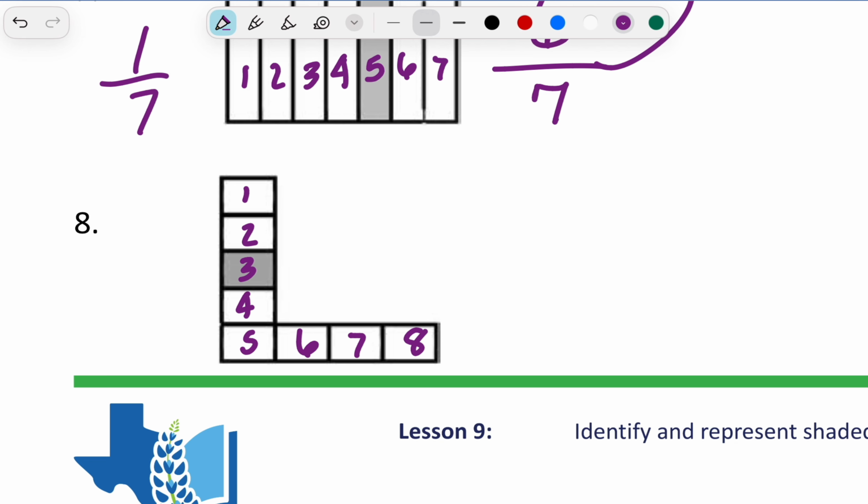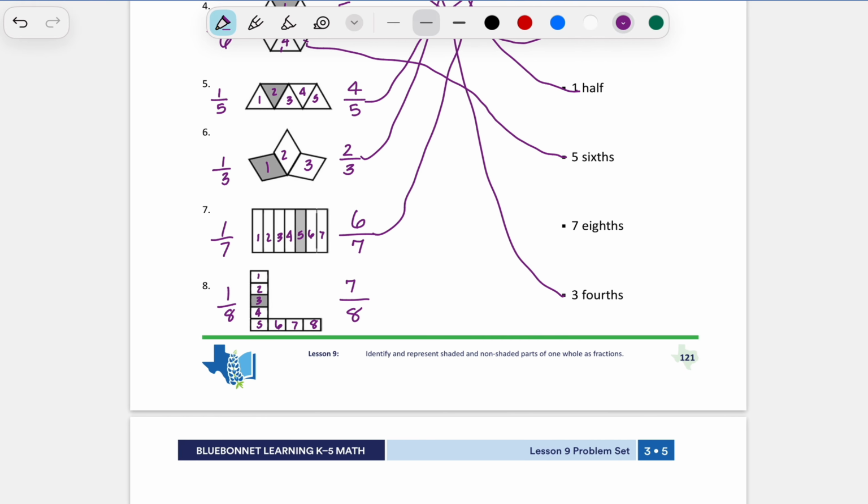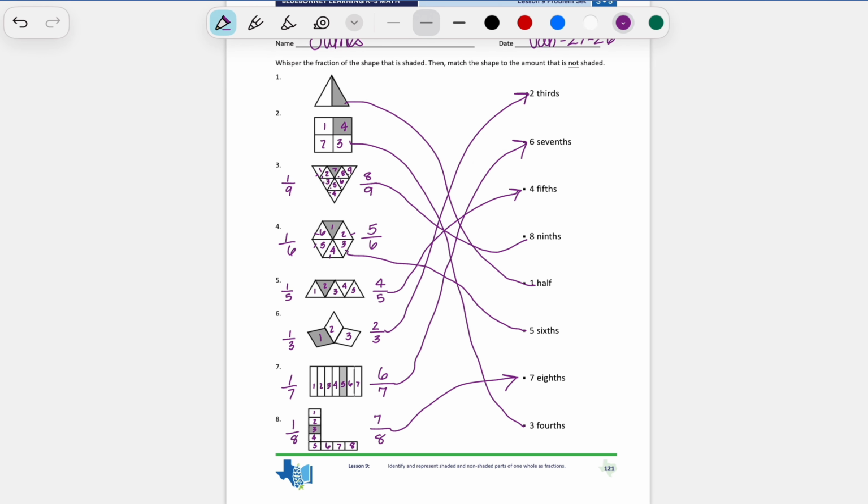This is 1/8 of the part that is shaded, and that's going to mean 7/8 of the parts are not shaded, which will match up to this one here. So this is what your problem set will look like. You're talking about the shaded and non-shaded parts, and that's what we did here. This one was 1/4, and this one was 3/4.